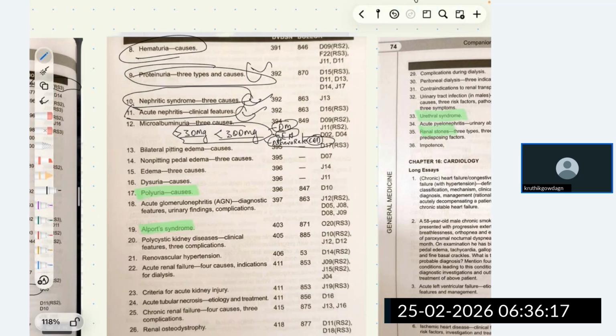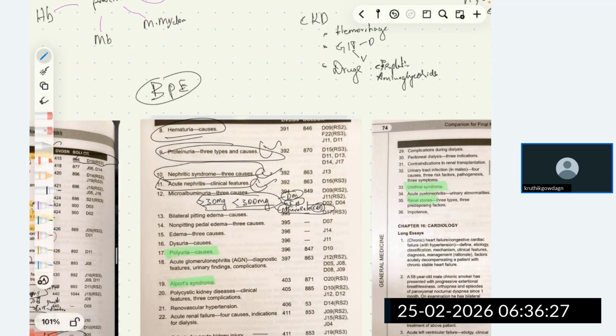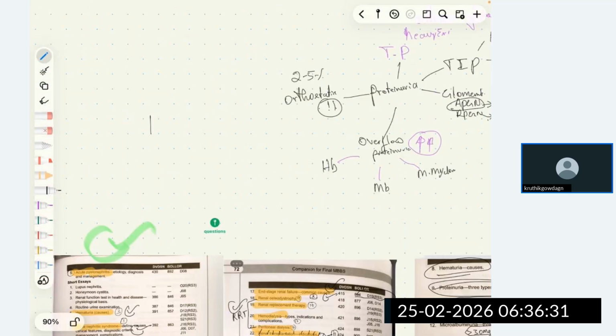Bilateral pitting edema causes can be renal. The differentiation between pitting and non-pitting edema: the pitting edema is seen when there is increased water content in the extracellular space.